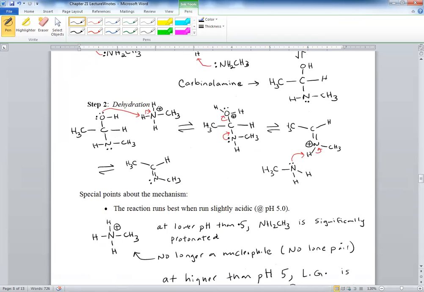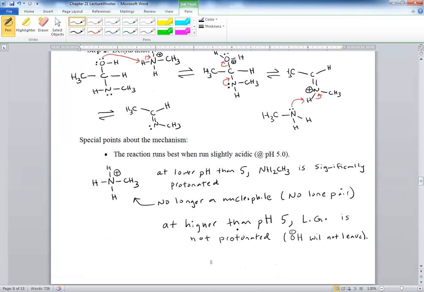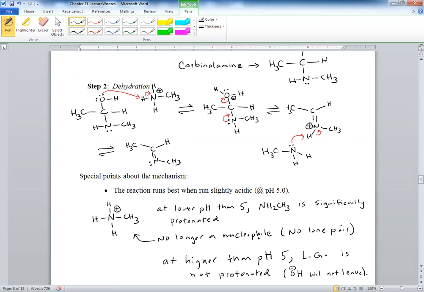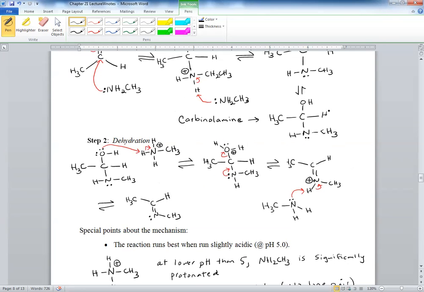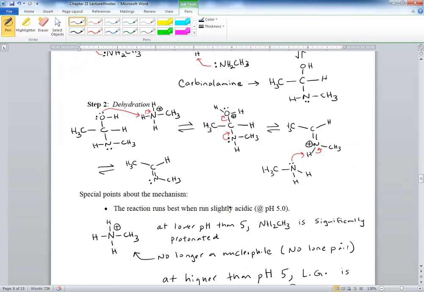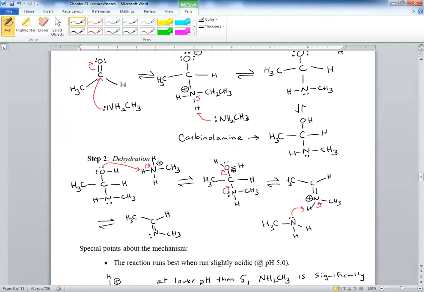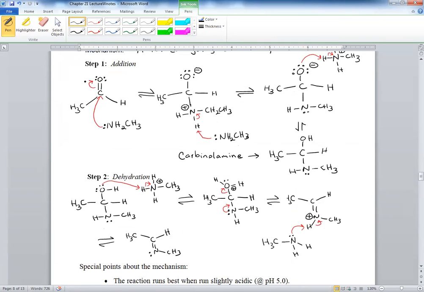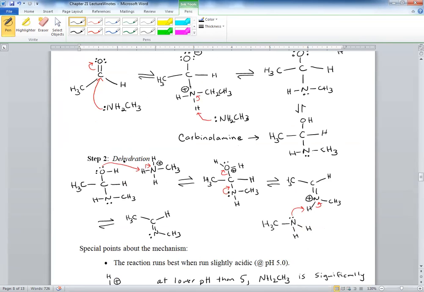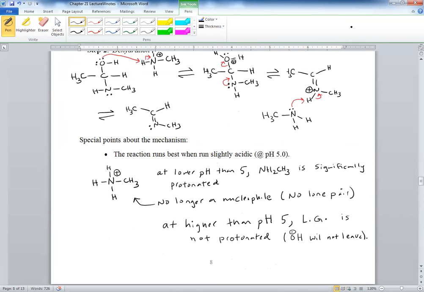So that's the idea here, is you need to balance this. If it's too high of a pH, then you will be stuck with the analogous of the hemiacetal, the carbinolamine. And if it's lower than 5, then you will be stuck with pretty much what you started with. Maybe you'll have a protonated aldehyde or ketone, but that's about it. So that's why you have to balance it at that pH.